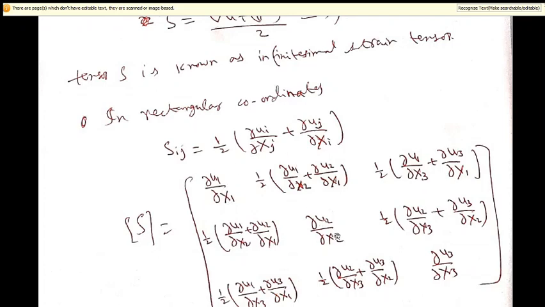S22 is partial u2 partial x2, S33 is partial u3 partial x3, and S12 is 1 by 2 of partial u1 partial x2 plus partial u2 partial x1. S13 is 1 by 2 of partial u1 partial x3 plus partial u3 partial x1. This is S21, and we are saying that this is symmetric, so S21 will be equal to S12.